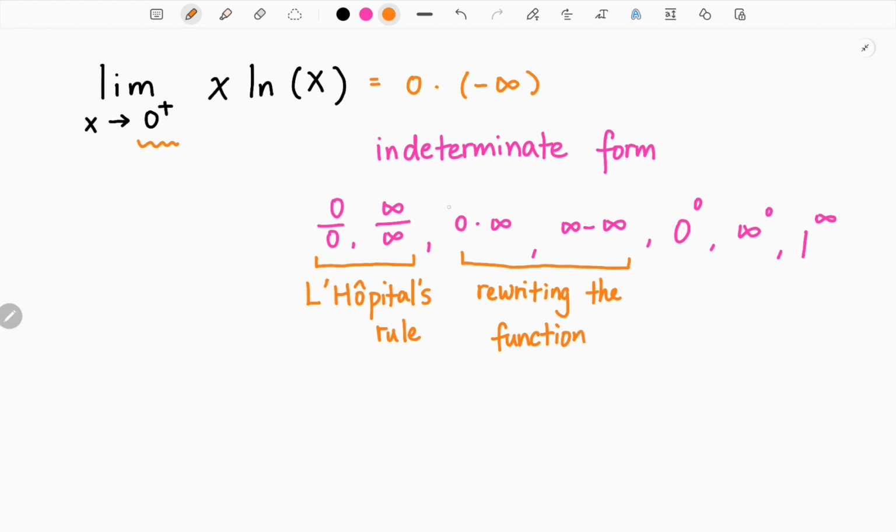And in our case, I will show you how to solve the 0 times infinity form. And for the last three cases, because they involve exponentials, often taking the logarithm of the function is needed in order to find the limit.